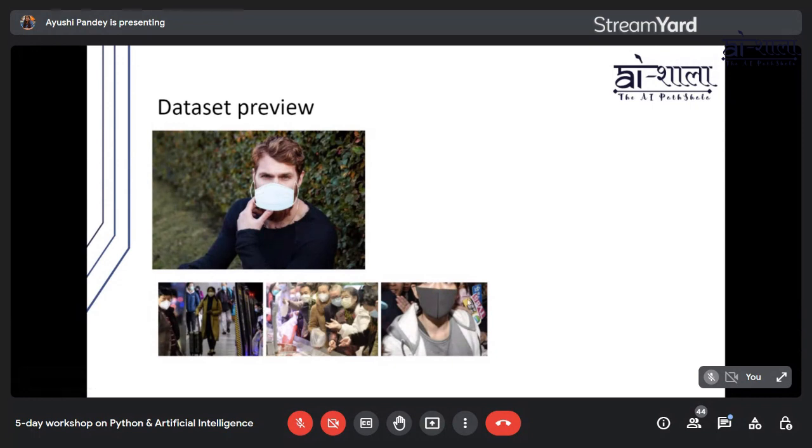And there are a few data sets with masks. There are images available on the internet, and all types of these data sets are available on the internet for you to work. And using your Keras, you can take this data set, extract the features and run your model.